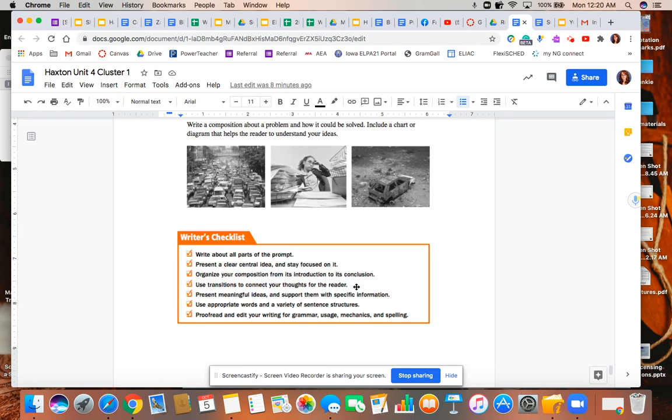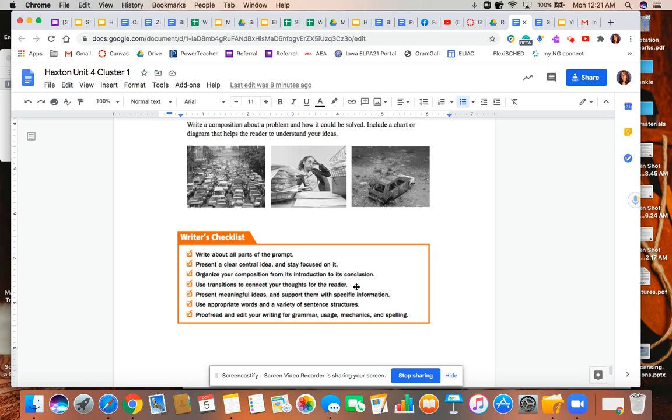So if you have similar ideas, you might use a transition like also or additionally. These words show that your ideas build on each other or are connected to each other in some way. If you are saying how two ideas are different, you would use a different transition word. You would use a word like however or on the other hand.